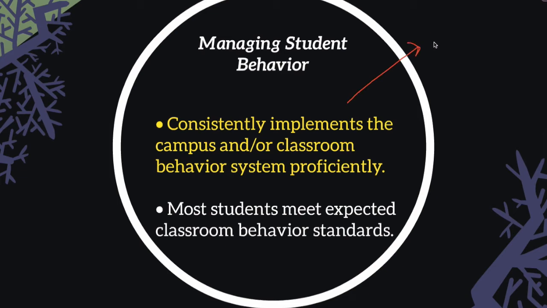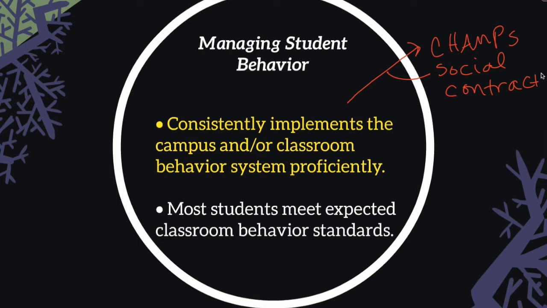This could be if you do CHAMPS, for example, it could be your own little kitschy phrase that you have. This could also have to do with your social contract. If you do Capturing Kids' Hearts, that would go in this. This is making sure that you actually address behaviors, you make sure that there is something in place to help the kids monitor their behavior.